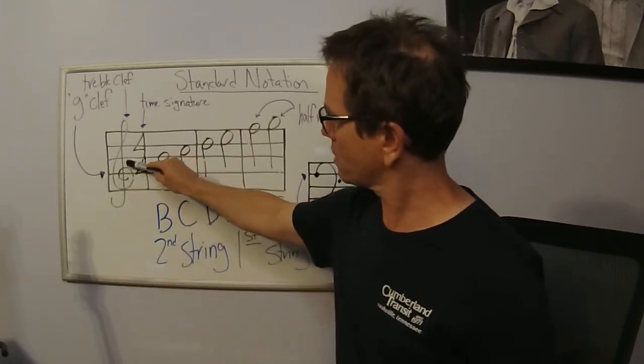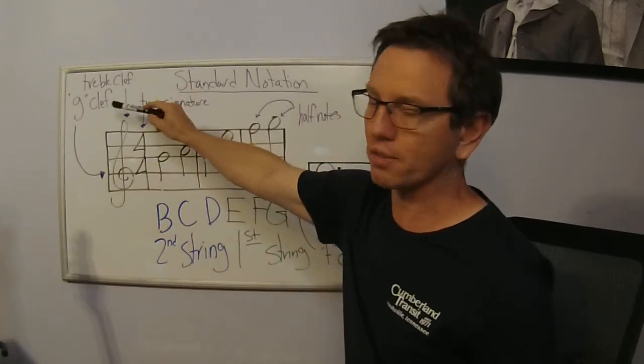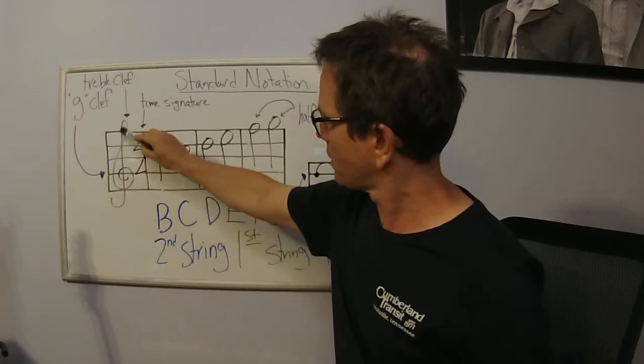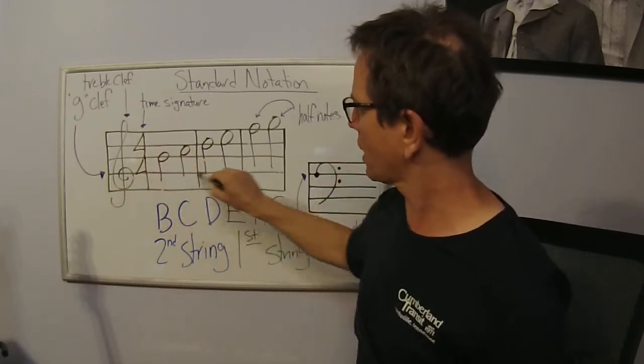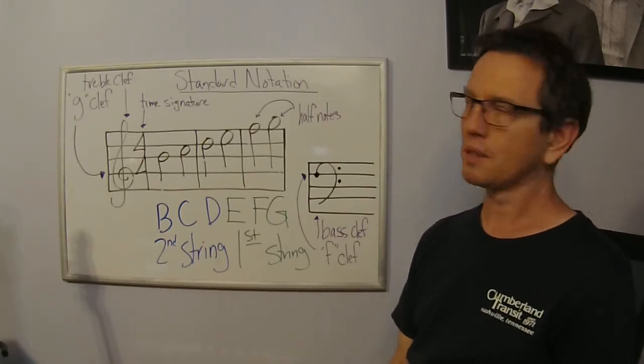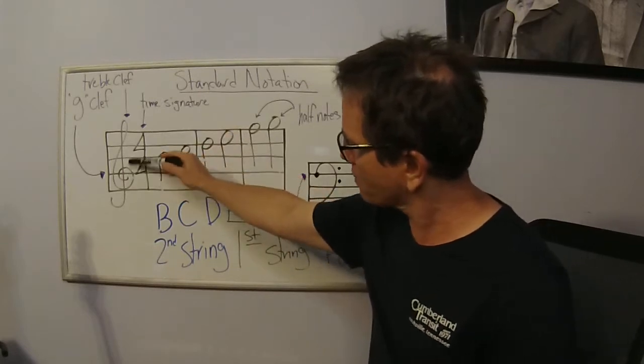So this tells you you are in treble clef or the G clef. And remember the circle of this clef circles the G line. Guitar players read in treble clef. You will be reading in this clef.